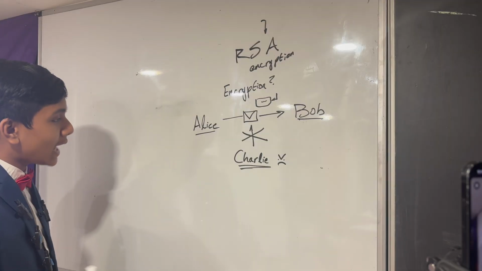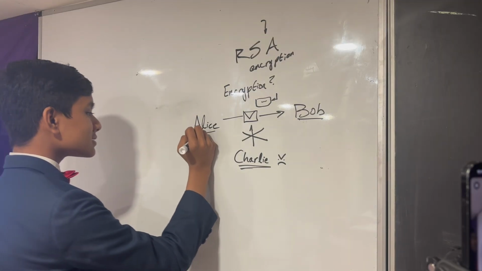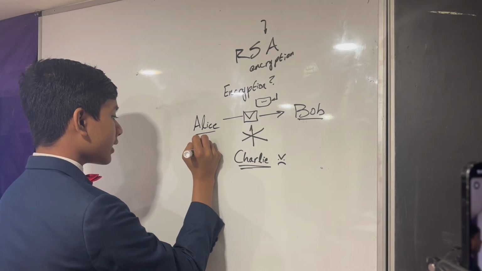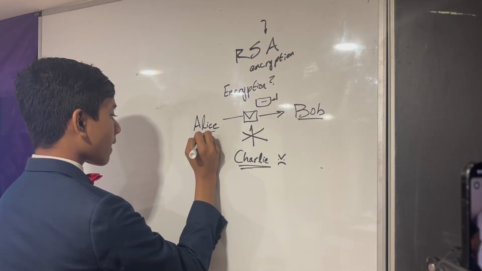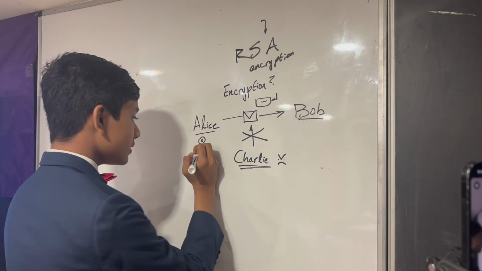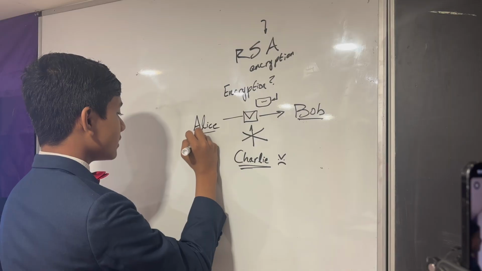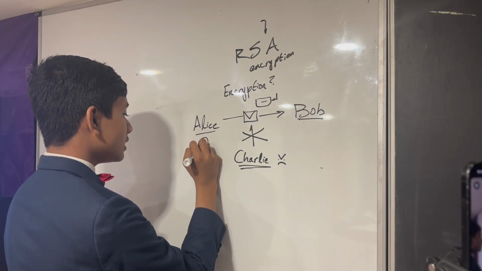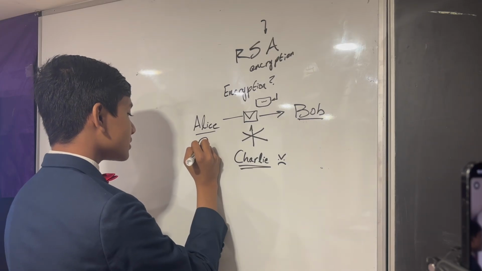So, how can we make sure Charlie cannot have any access to this line of info? Well, here's what happens. Alice is going to use a public key, right? So, this key is actually not a key. She's going to put a lock, more like, on her message.